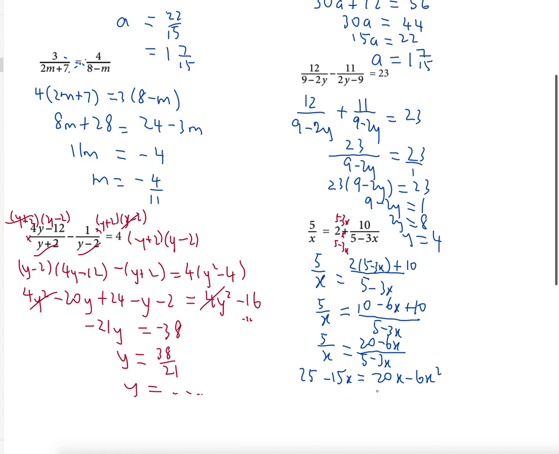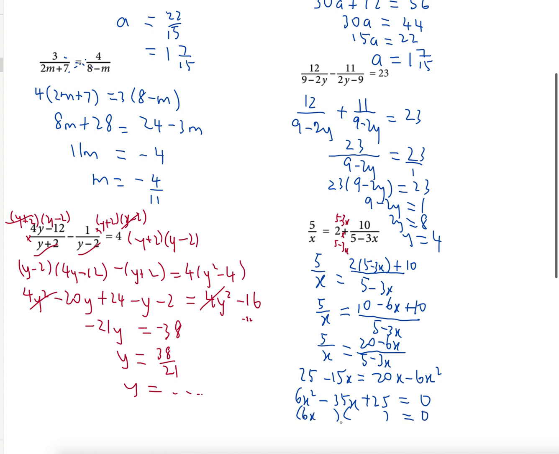Now you notice that this equation actually becomes a quadratic equation. Right? So if we simplify the equation, we have minus 35x plus 25. So we need to factorize to get the answer.